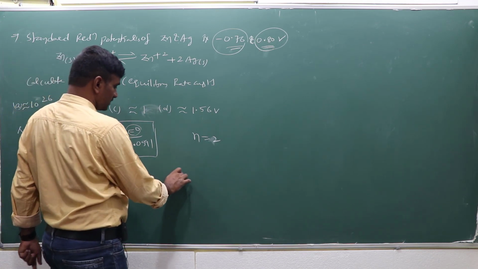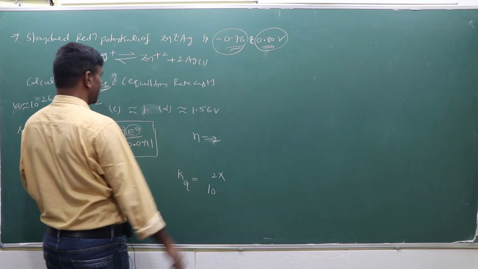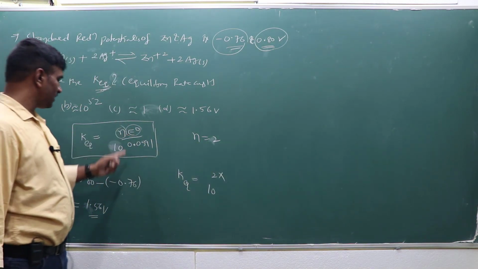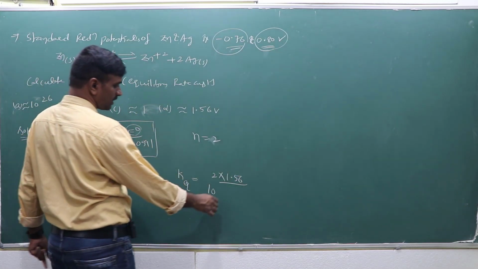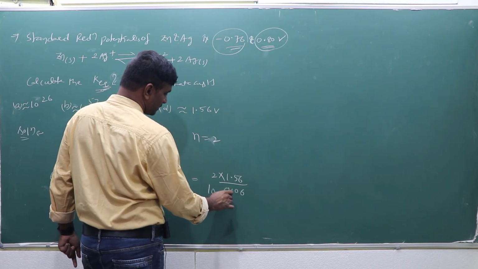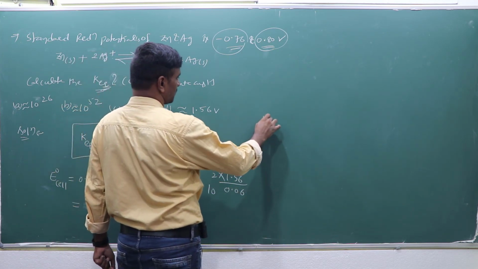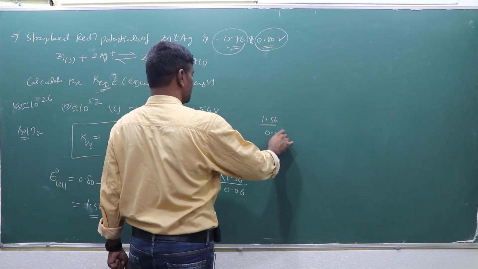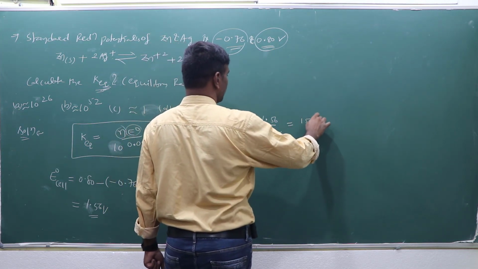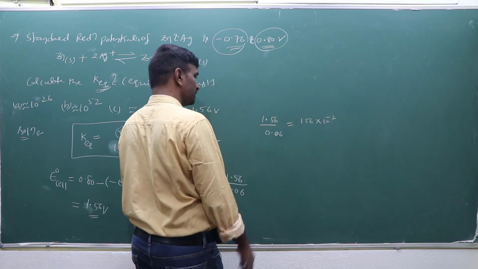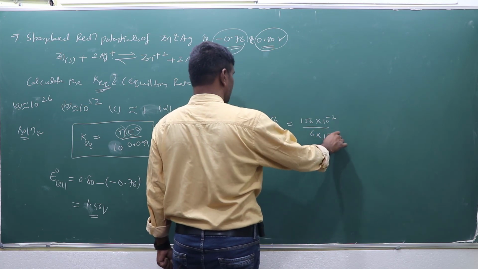Then K equilibrium, the equilibrium rate constant, is equal to 10 to the power of n, where 2 electrons transfer takes place for this reaction, and E naught is 1.56, by 0.0591, approximately you can take it as 0.06. So 1.56 by 0.06, I can write it as 156 into 10 to the power of minus 2 by 6 into 10 to the power of minus 2.